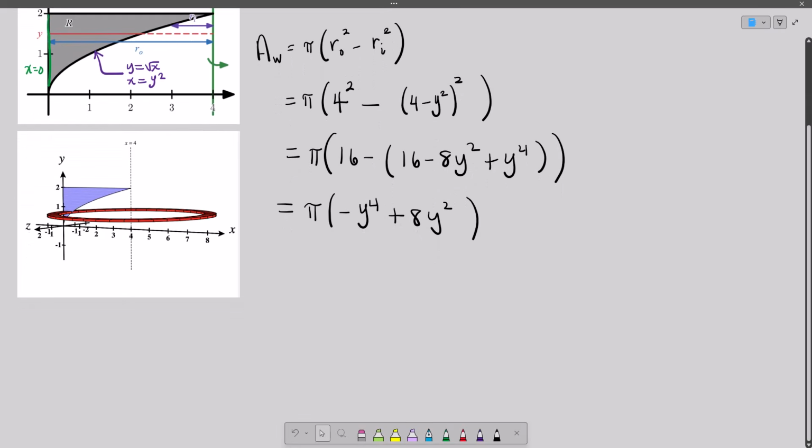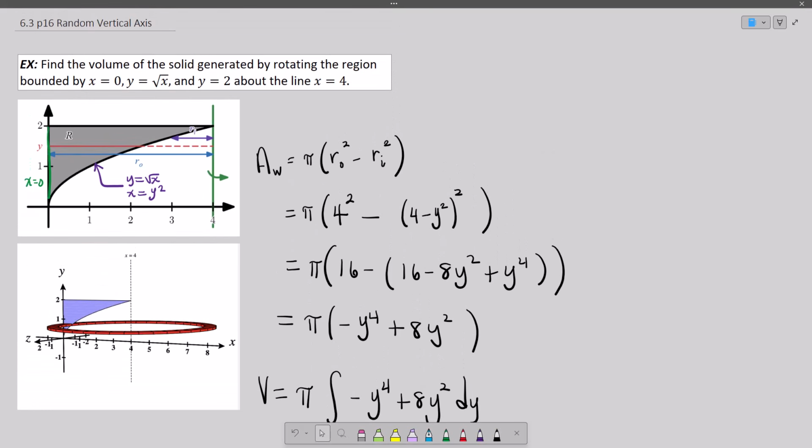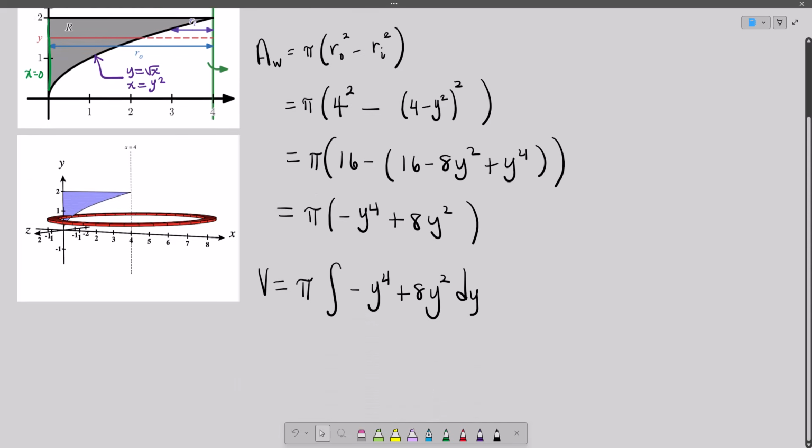So we are good to go for volume. Volume will be the integral of the area function. So we get pi integral, and when we look at our limits of integration, they're implied. We're told that we're going up to 2. So we are integrating with respect to y. So we have washers for all these y values from 0 up to 2.